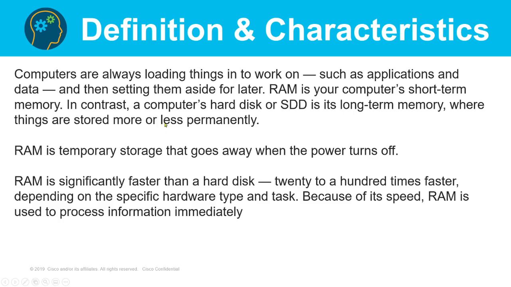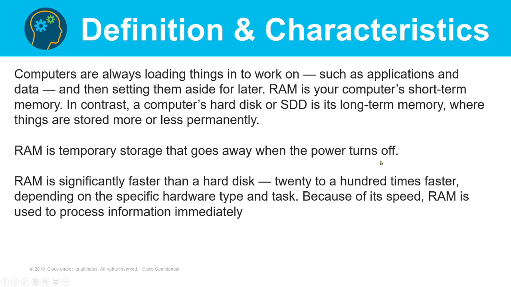In contrast, a computer hard disk or your solid state drive is a long-term memory. Correct me on this. This is the solid state drive, SSD. It is a long-term memory. RAM is for short-term because you need power to work with that. With SSD and your hard disk drive, without power, the data will be stored permanently. RAM is temporary storage that goes away when the power turns off.